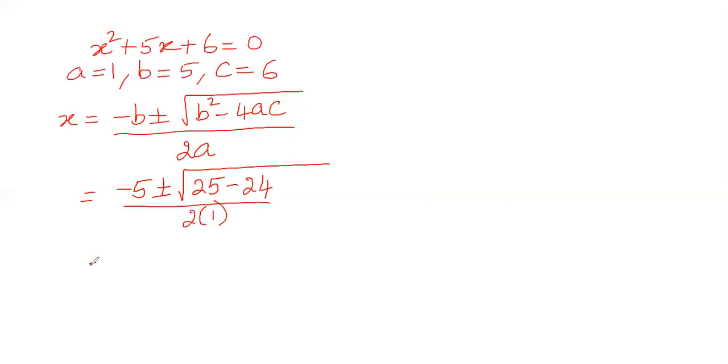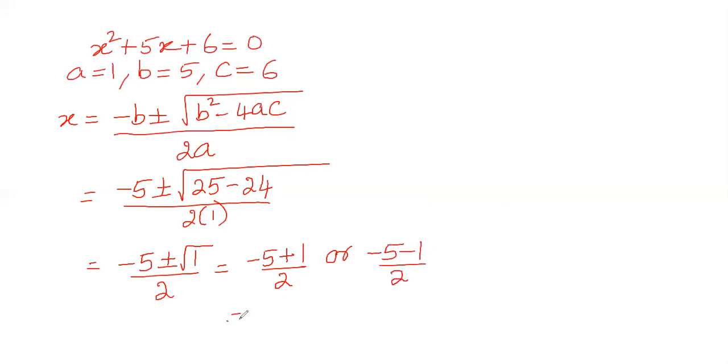So that is equal to negative 5 plus or minus square root of 1 divided by 2. So negative 5 plus 1 by 2, or negative 5 minus 1 by 2. Negative 5 plus 1 is negative 4. Negative 4 by 2 is negative 2, or negative 6 by 2, that is negative 3.